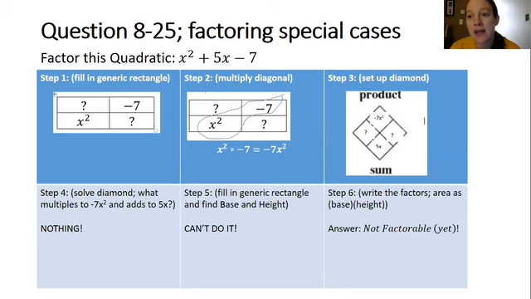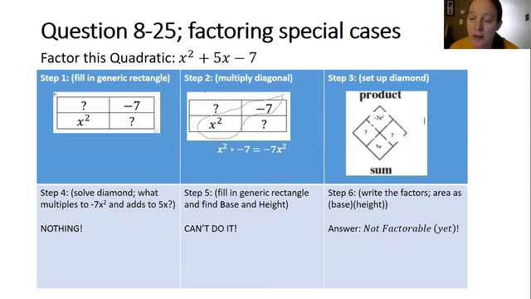And if it's negative, that means one of them has to be negative. If I take negative 1 times 7, that gives me negative 7. But when I add those, negative 1 plus 7, that gives me 6. Ooh, so close, but it is not 5.